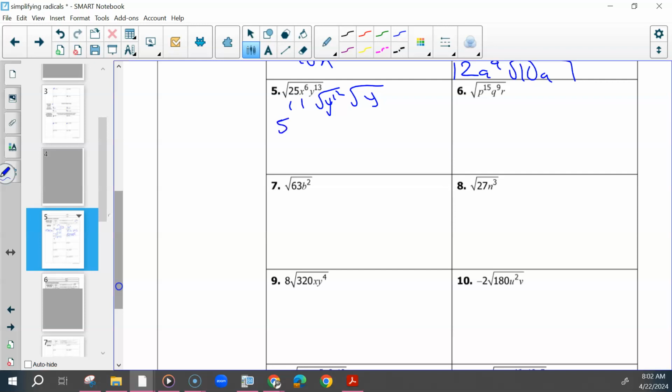The square root of x to the 6 is x to the 3rd. And then what would the square root of y to the 12th be? There are so many numbers in my mouth, it's moving faster than my brain. Y to the 6. And then the square root of y would stay. Questions on that?